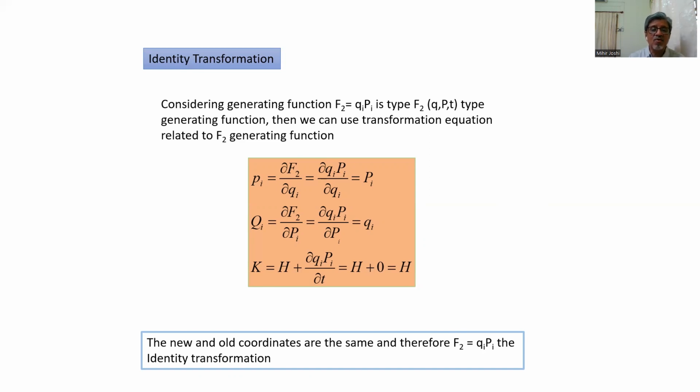The new and old coordinates are the same, and therefore F2 equal to qi Pi is an identity transformation. So it is known as the identity transformation.